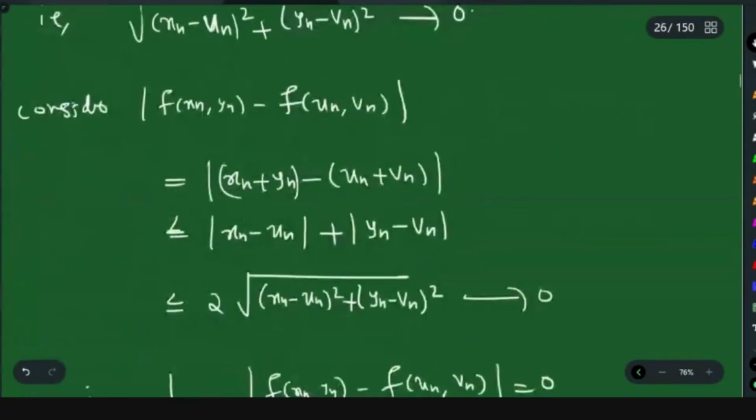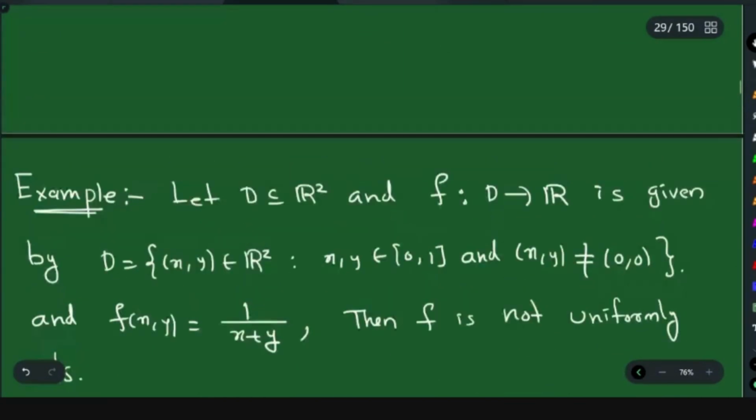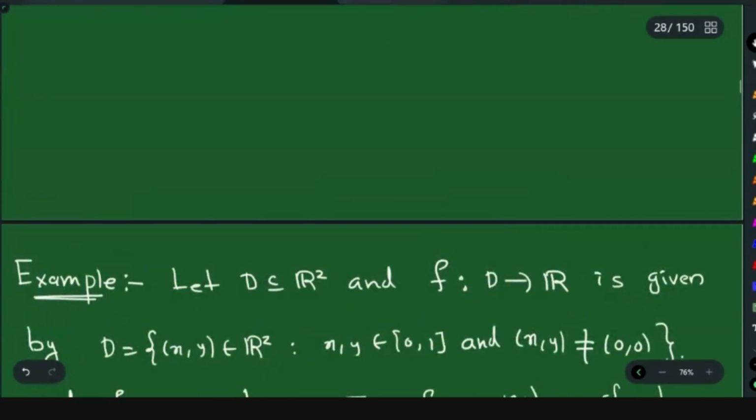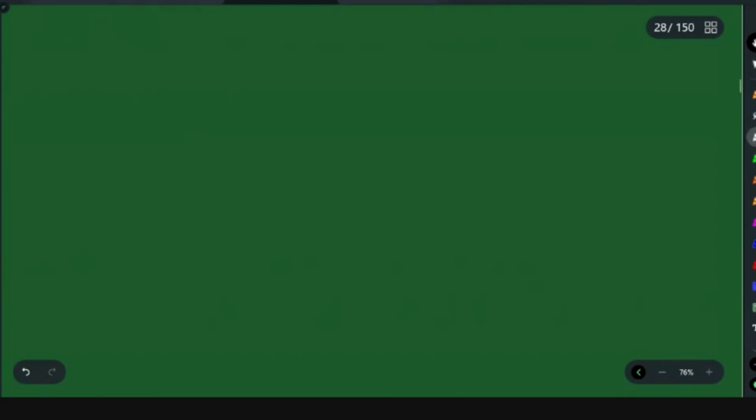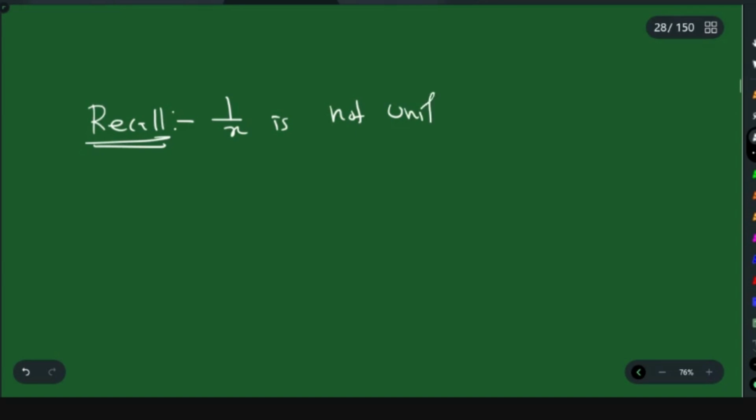Now I will give you one example which is not uniformly continuous. This is just a generalization of the example 1 by x. You may recall that 1 by x is only continuous, not uniformly continuous, on the open interval 0 to 1.